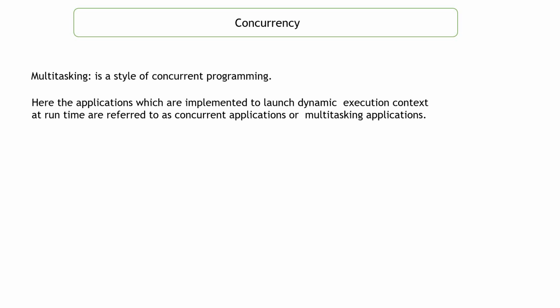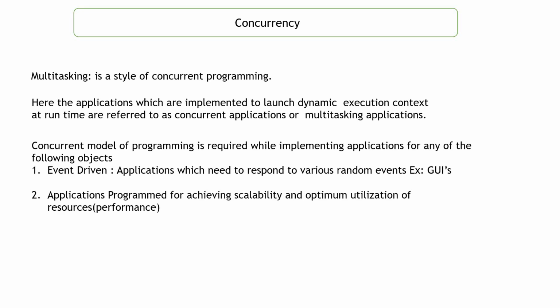Dealing with concurrency, multitasking is a style of concurrent programming. Here, the applications which are implemented to launch a dynamic execution context at runtime are referred to as concurrent applications or multitasking applications. The concurrent model of programming is required while implementing applications for any of the following objectives.